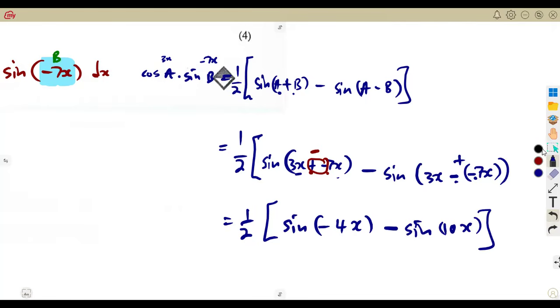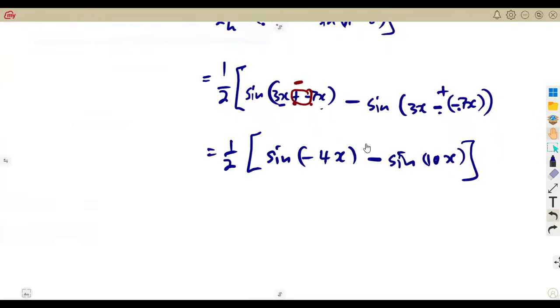So this is what you're going to actually have at the end. But considering our trigonometry, yes, we can work with this, but our trigonometry also tells us that in the fourth quadrant where we have negative values, the sine of a negative value is equal to minus sine of that value given as a positive.